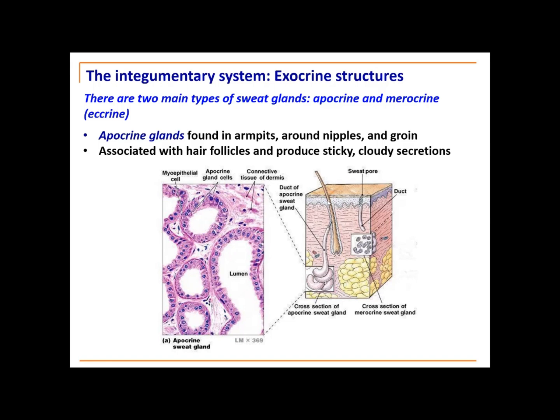Interestingly, it was initially thought that the apocrine and merocrine or eccrine secretions were different. It now appears that they both release the same actual sweat secretion, but the apocrine secretion mixes with sebum from the sebaceous glands and is released at the skin surface, while that doesn't happen with the eccrine secretions. So if we have those secretions of sebum and sweat together being released, the bacteria then decompose these secretions, and that's what produces the volatile, really smelly odor molecules that give rise to the characteristic odor that individuals produce.